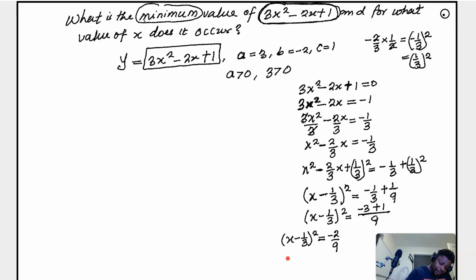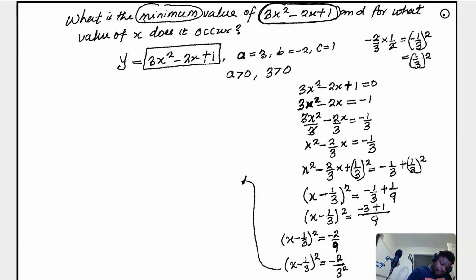Okay, so here I have x minus 1 over 3. Now there's a trick here, minus 2. Remember, 9 is the same thing as 3 squared. You always take this denominator, you always square it, always. That is 3 squared. Okay, so let me quickly bring that here now to finish up.